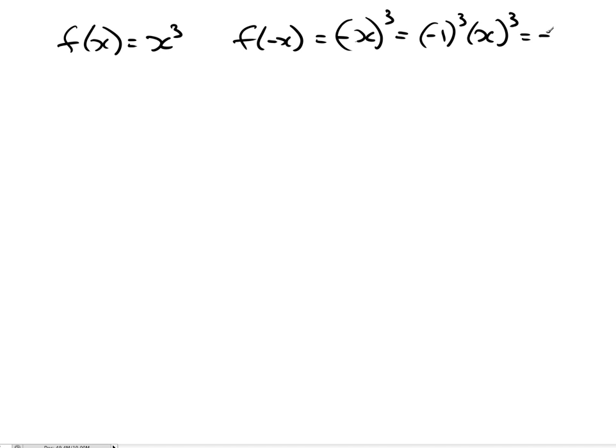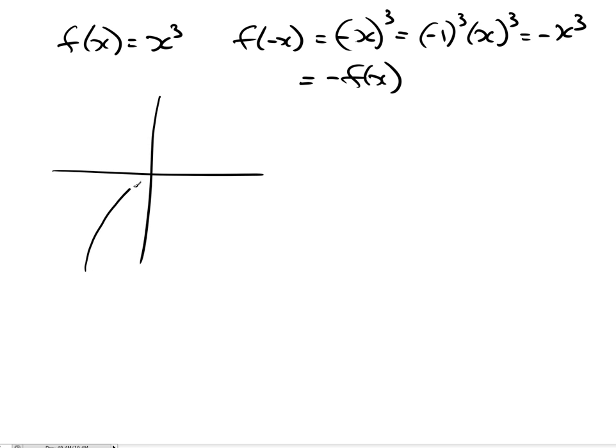That's a negative x cubed, which is in fact a negative f of x. x cubed looks like this. And okay, I didn't do a really good job of drawing it, but I'm sure you get the idea. So if I have this point here, (x, y), then over here is (negative x, negative y). So this is symmetric about the origin.